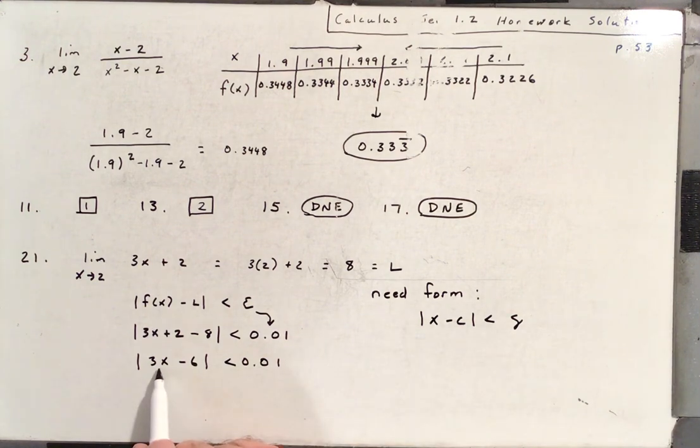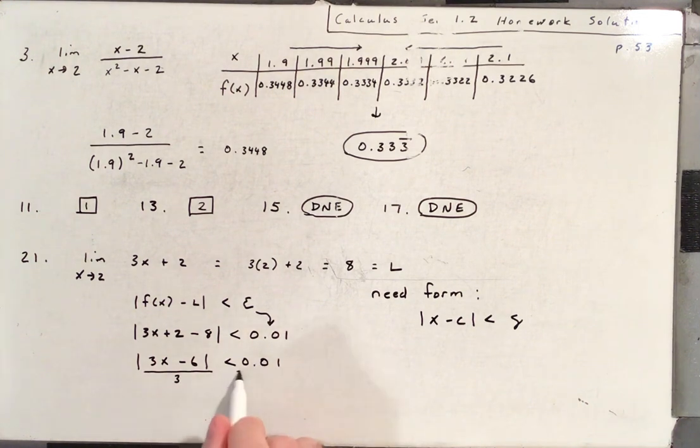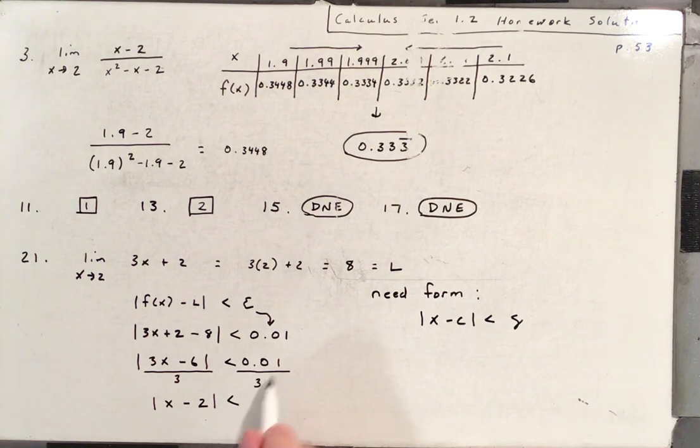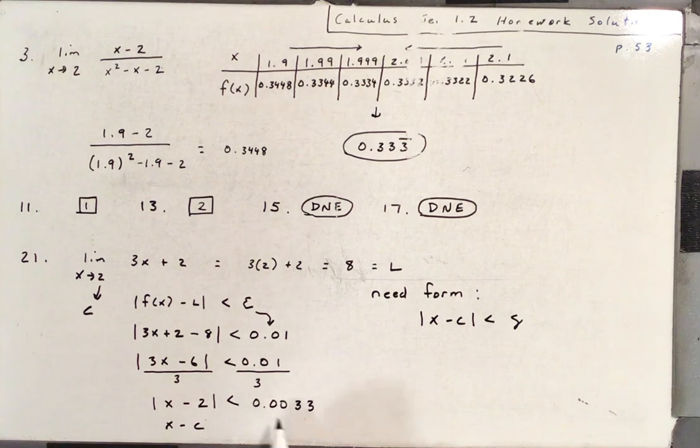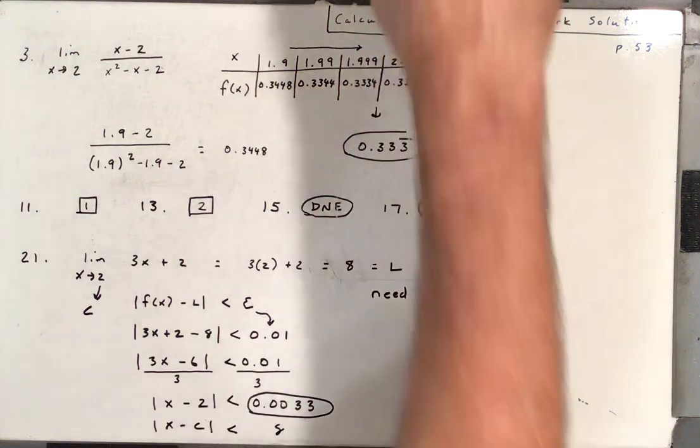I don't have x minus c here, but to get x, I could divide both sides by 3. And I would have the absolute value of x minus 2, right? 6 over 3 is 2. Less than 0.01 over 3, which is 0.0033 repeating. We'll just round it to that. So now c is 2. Now I have this x minus c less than delta. And that delta value is 0.0033. Okay? That's how you do it. Pretty easy.